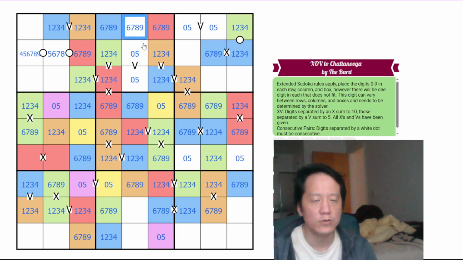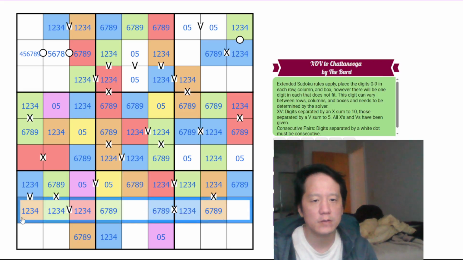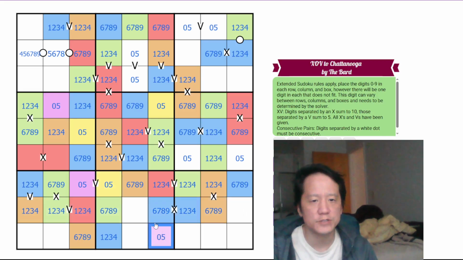This cannot be orange high. It can't be blue or red high. This has to be green high. We have in row 8, this can't be either 0, 5. And it can't be a low, so it has to be high.